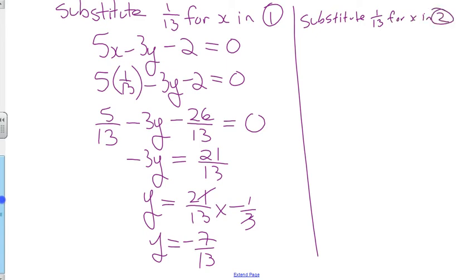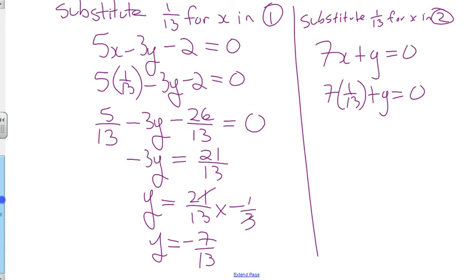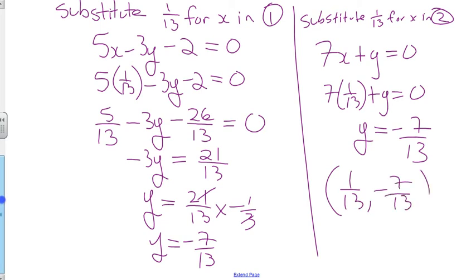Okay, what was 2? 7x plus y equals 0. 7 times 1/13 plus y equals 0. y is equal to negative 7/13. Oh wow, that was hard. There's your solution. Okay? Yes? No? I made a mistake? Twice I made a mistake?